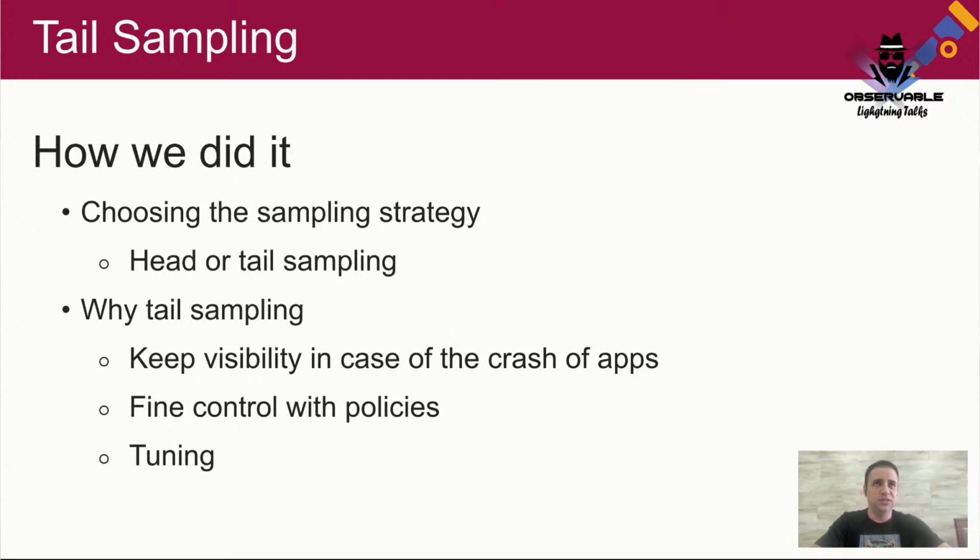And another point is tuning tail sampling and OpenTelemetry as well. There are a lot of very relevant metrics to analyze when you need to understand the behavior of the OpenTelemetry Collector. For example, you can understand the rate of spans that you are receiving and the rate of spans that you are sending to the tool where you are storing the traces.